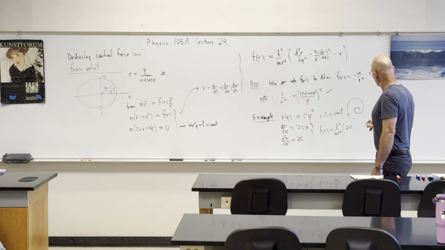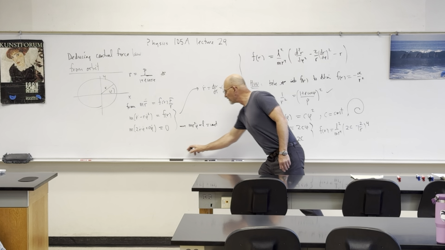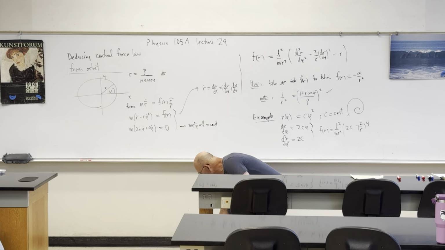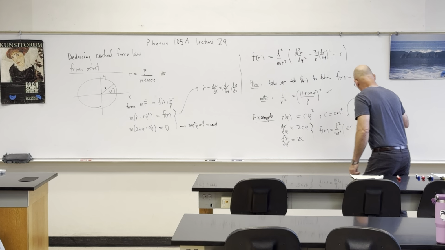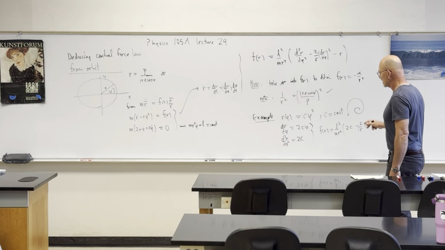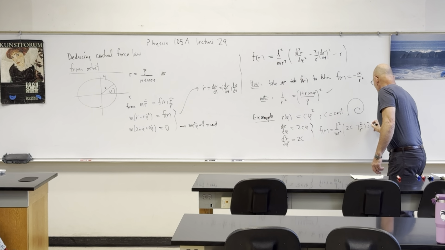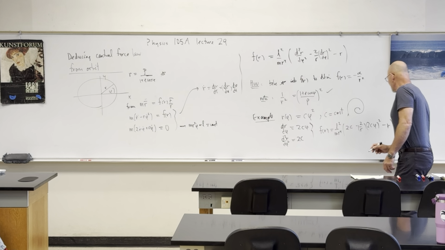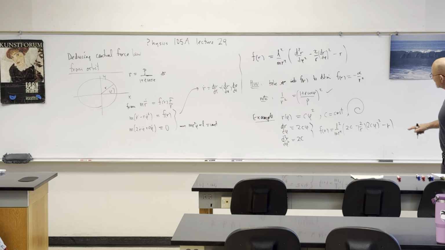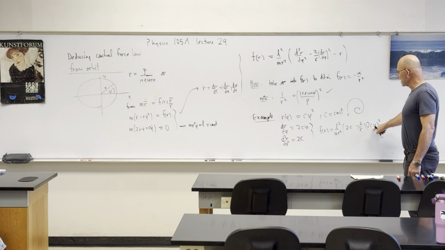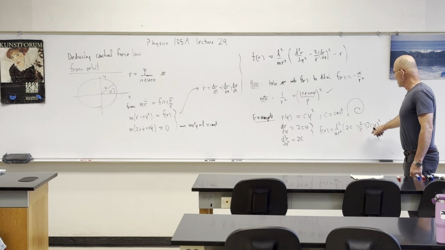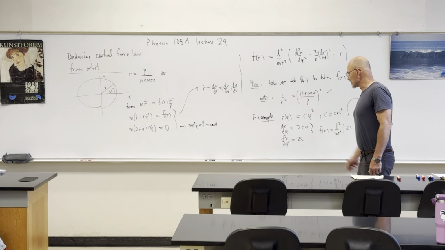Or we'll do it in 2 steps, no problem, because we've got to recover the expression for r. So 2 over r, 2 times c times phi, quantity squared, minus r. What we have to do is simplify that and express phi squared in terms of r. But phi squared is r over c, right?